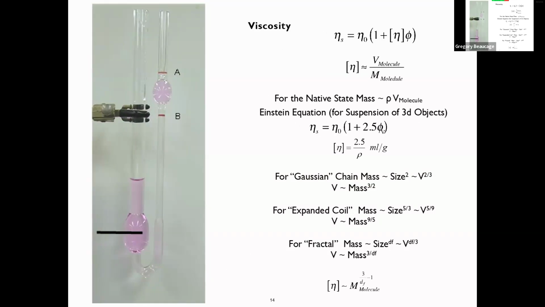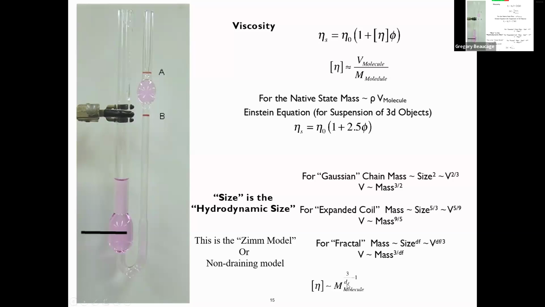All right, so the other case is if it's 3D. Then the exponent is 1 minus 1, which is 0. So there's no dependence on molecular weight if it's 3D, right? That's important, because if it's spheres, then you get the Einstein equation for viscosity. You'll see it for the storage modulus too: the modulus times volume fraction times 2.5. That's used in composites.